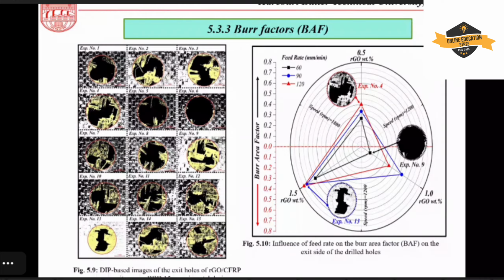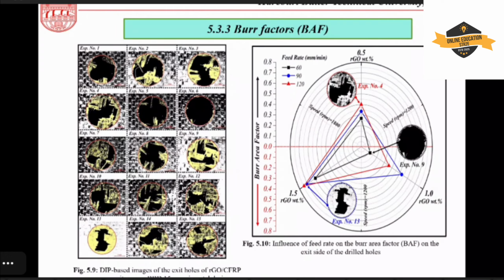So in total we performed 15 different experiments on four different types of samples. These are some 15 different images which I want to elaborate on here. So here all the uncut fiber is there.